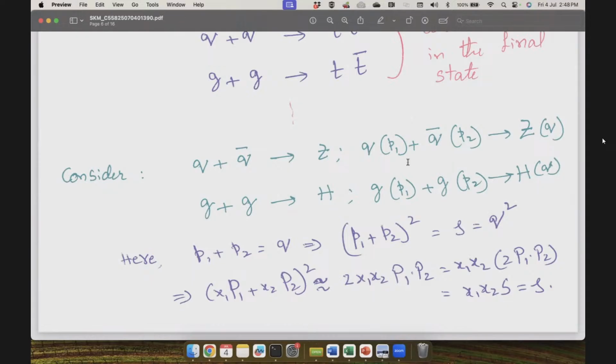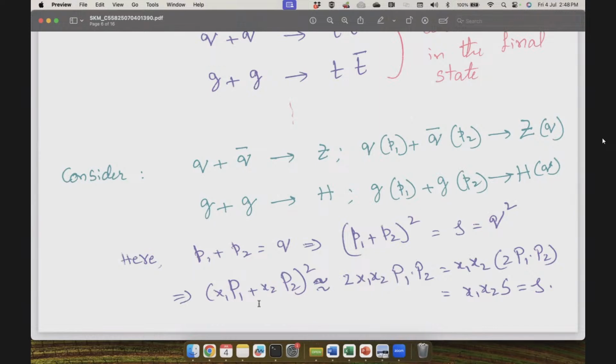So what about the Mandelstam variables that we calculate? P1 plus P2 whole square is the total square of the incoming energy, which we call E_CM square, that is equal to small s, which is nothing but P1 plus P2 whole square, equal to Q square. Now this small P1 plus P2, I can express in terms of the head-on momenta, capital P1 and capital P2, in terms of momentum fractions x1 and x2, also called the Bjorken variables.